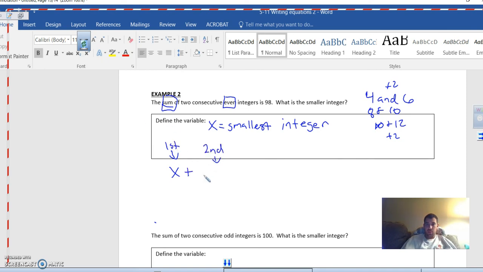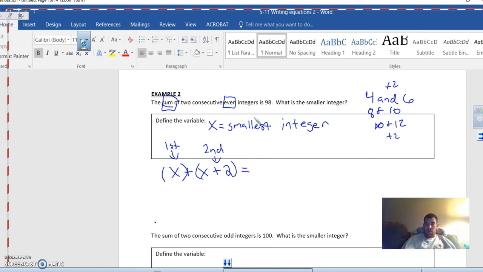How's it going to compare to the first? If it's even, well, it can't be x plus 1 because that would be an odd number. That'd be 1 more than it, right? So it has to be x plus 2 because it has to be 2 more, just like 6 is 2 more than 4 and 10 is 2 more than 8. A lot of people have trouble with that concept. So if we want even integers, the second one is 2 more than the first one.